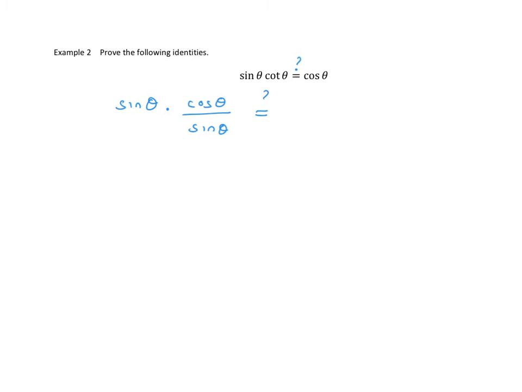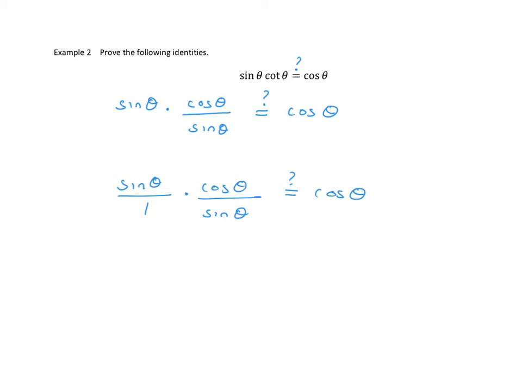And still we're asking, is this actually equal to cosine of theta? There isn't a lot of extra work to do here, but I can see what I'll do in my next step. Okay, maybe I'll write this as a fraction. I can say that this is really sine of theta over 1 times cosine of theta over sine of theta. Is that in fact equal to cosine of theta?